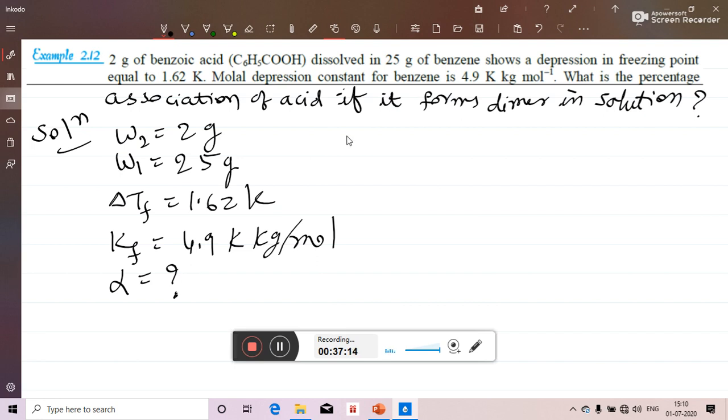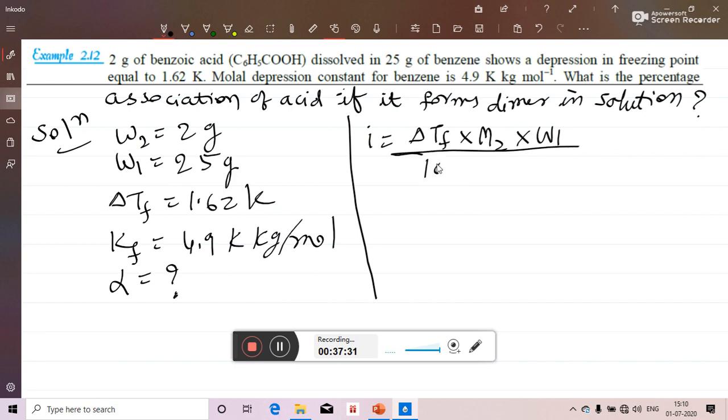So first of all we have to find out Van't Hoff factor i. So i is equal to delta TF into M2 into W1 upon 1000 into Kf into W2.